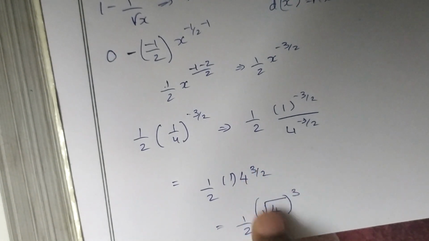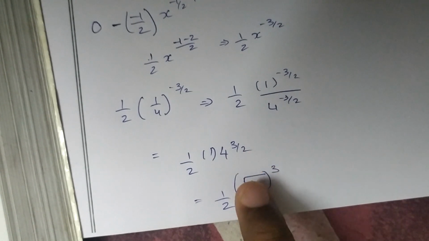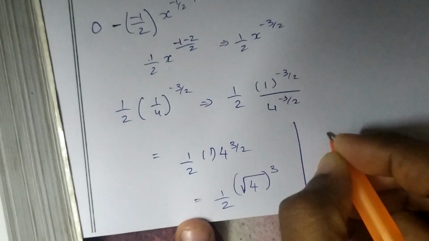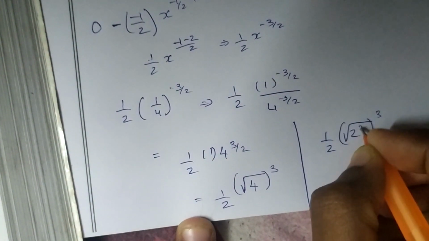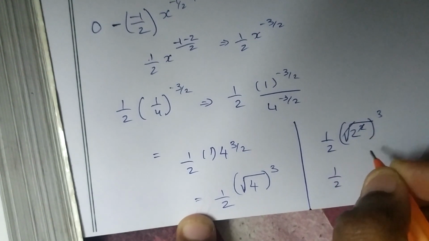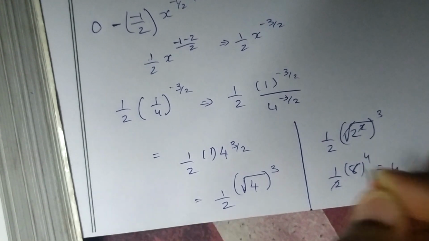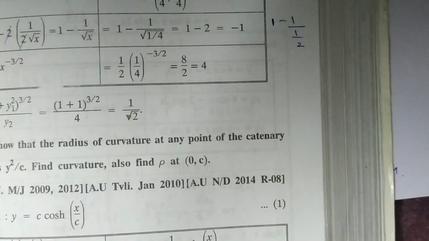This 1 by 2 will convert into root 4 to the whole power of 3. So it's like 1 by 2, 2 square to the whole cube. So this 2 will get cancelled. So 1 by 2 into 2 cube will come. 2 cube is 8. If you cancel, you will get 4. That is what they have done. So the value is 4.